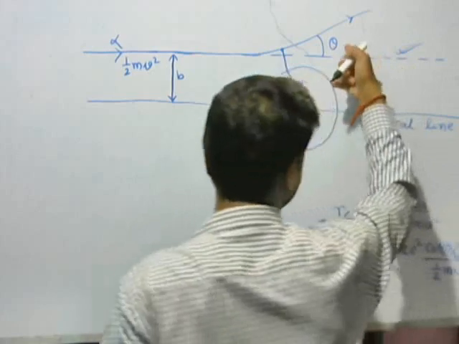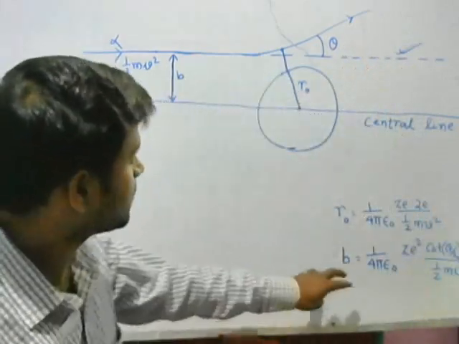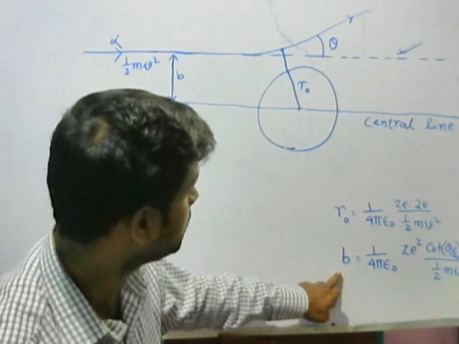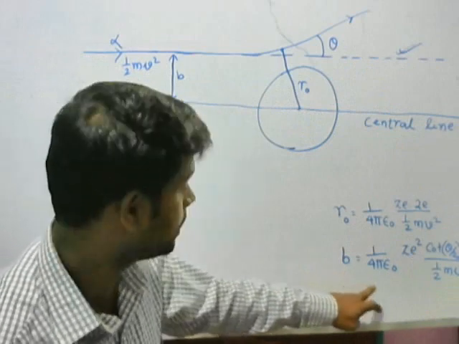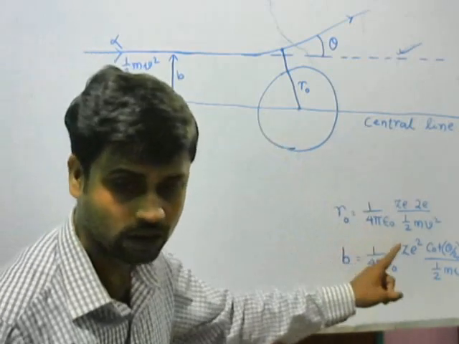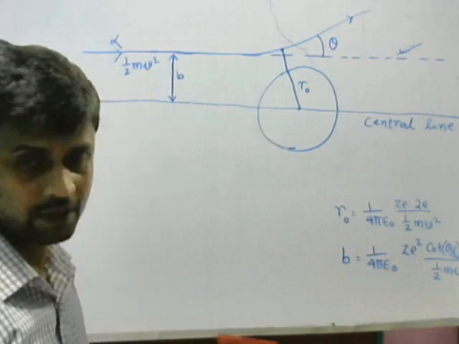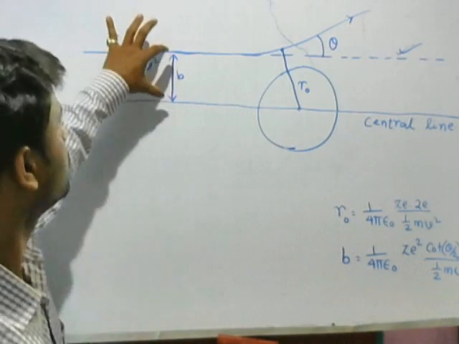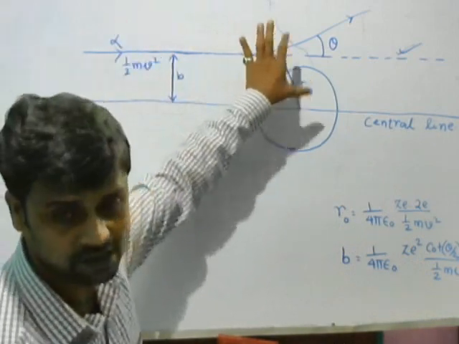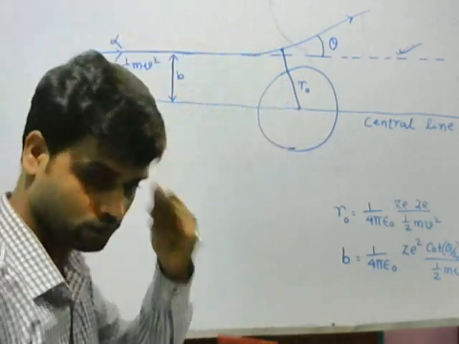Here, this theta lies in this equation. So, the mathematical expression for impact parameter b is equal to 1 by 4 pi epsilon 0 Ze square cot theta by 2 divided by half mv square. Then, what is the relation between b and R0, that is impact parameter and the distance of closest approach?